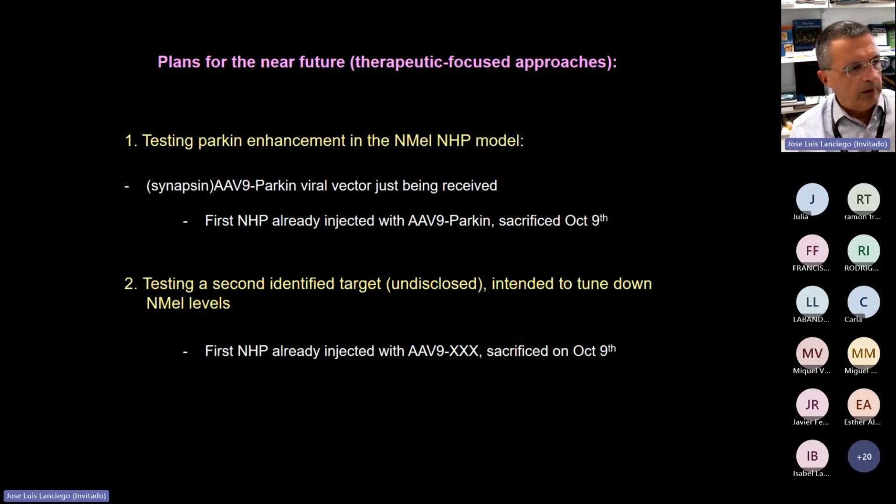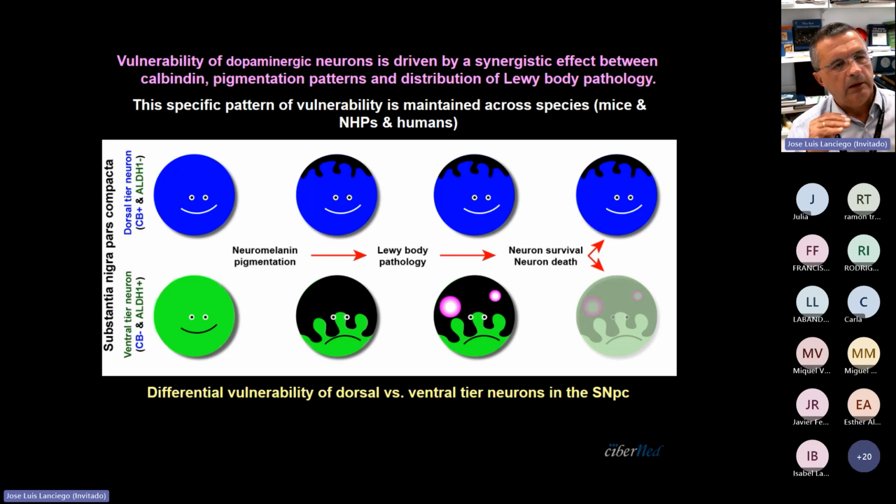So, just to summarize, the main message is that at present, we think that there is a synergistic effect ultimately driving neuronal vulnerability in the substantia nigra, that is made of 3 partners. On one hand, these neurons can be calbindin positive or calbindin negative. Those that are calbindin negative, we know, are much more vulnerable.